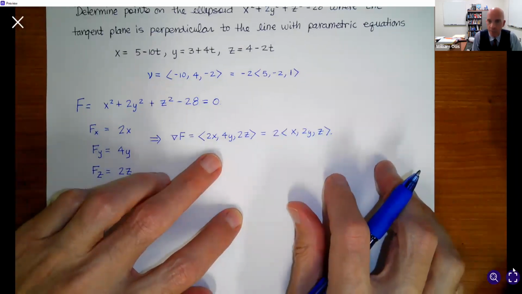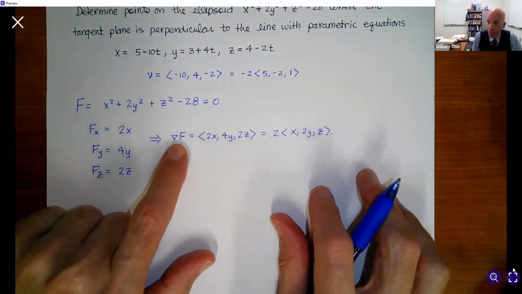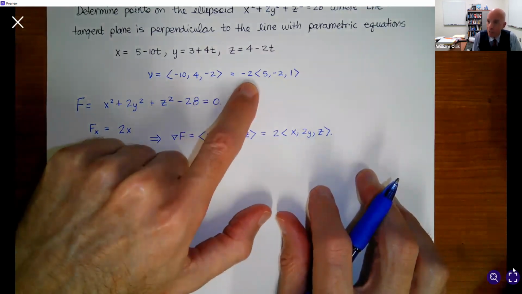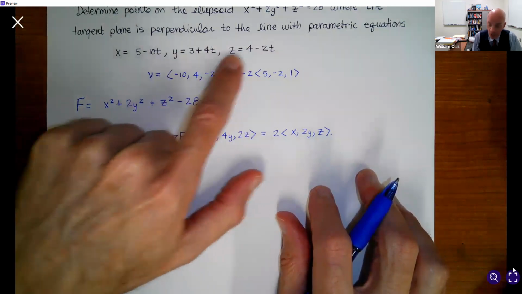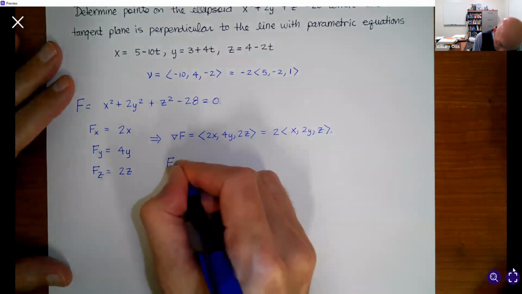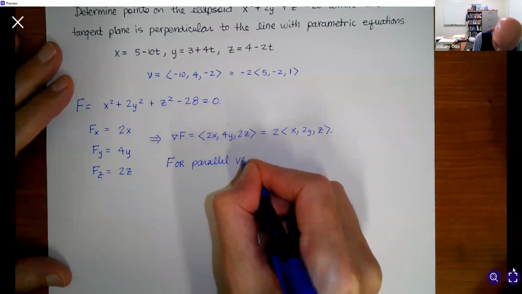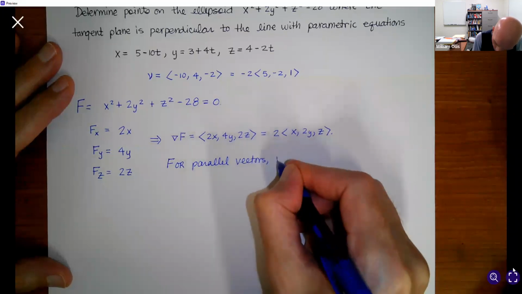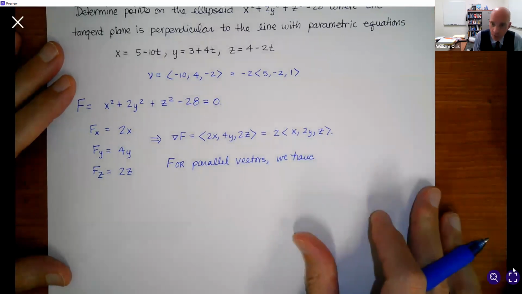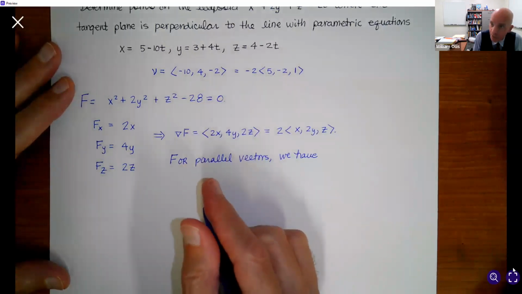As I was talking about before, the geometry will be satisfied as long as the gradient, in this particular case, is parallel to the direction of the line given parametrically. So for parallel vectors, we can just focus on the vectors, extraneous to the scalar factors.